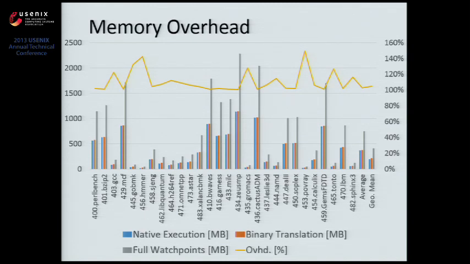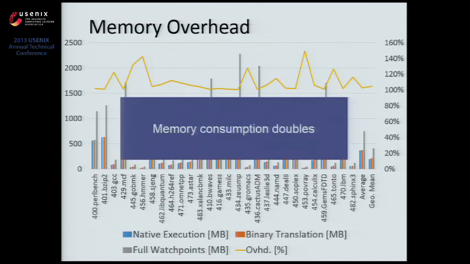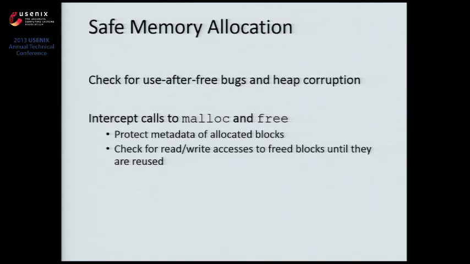If we look at all these different benchmarks, we see that cross-ISA binary translation roughly adds 40 megabytes of additional memory consumption. And if we use full watch point tracking, we actually double the memory consumption as we store 1 additional byte for each byte that the application accesses. So we have good performance, we have good memory consumption.